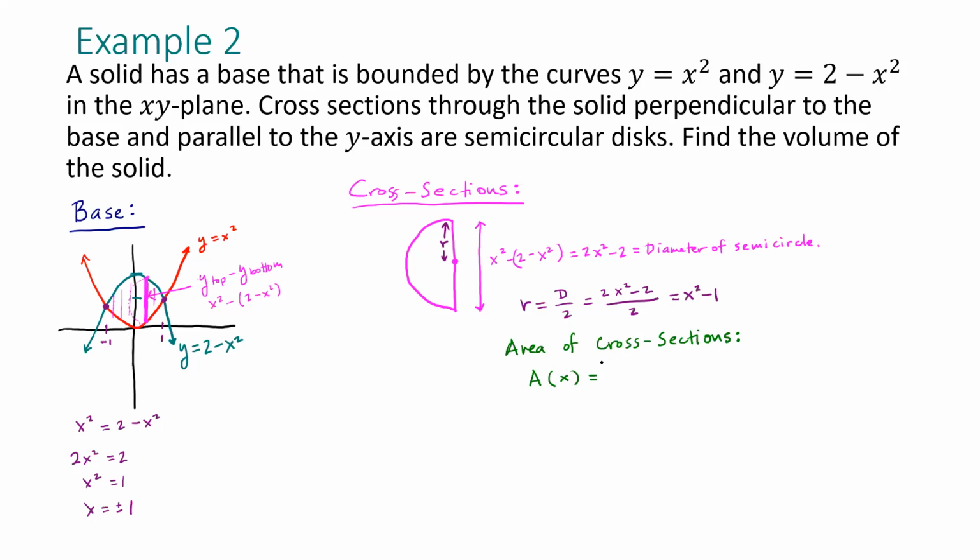It will be, well, it's a semicircle, so it's pi r squared over 2.